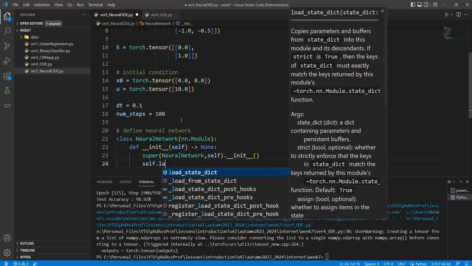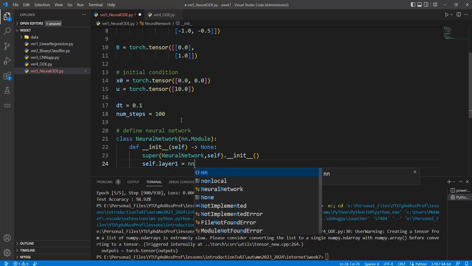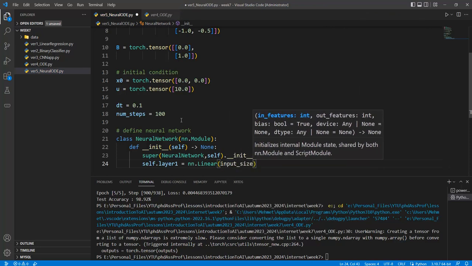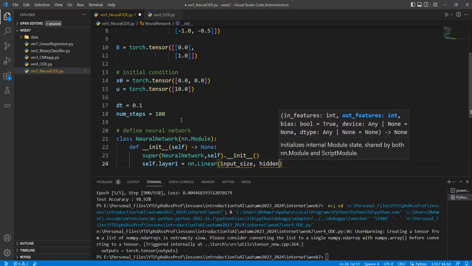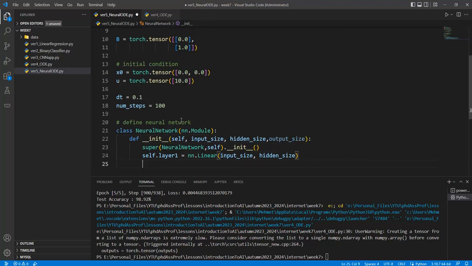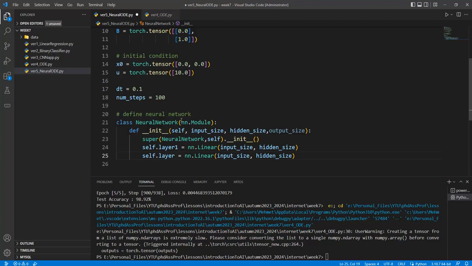Firstly we need to define self.layer1, assigned with nn.Linear, input size and hidden size, okay? And so we need to give the initialization function the input size, hidden size, and output size arguments, okay? And after that, in the second case, layer2 is a linear, hidden size to output size, right?